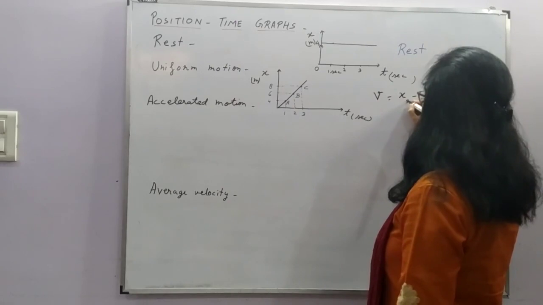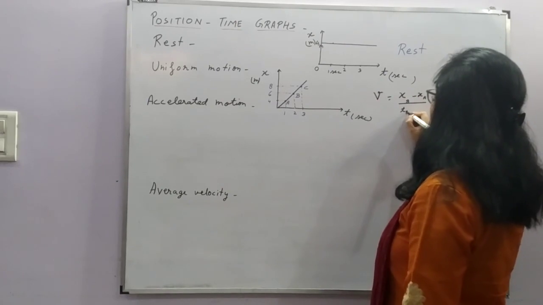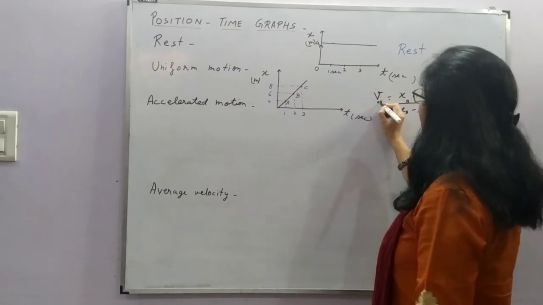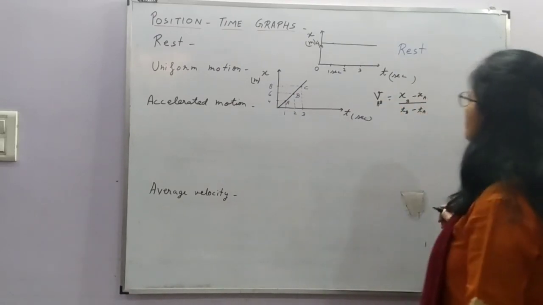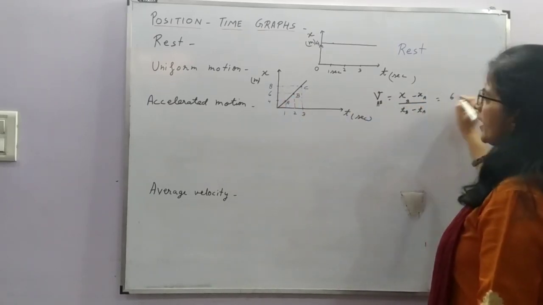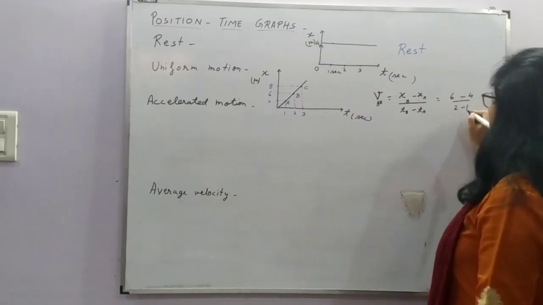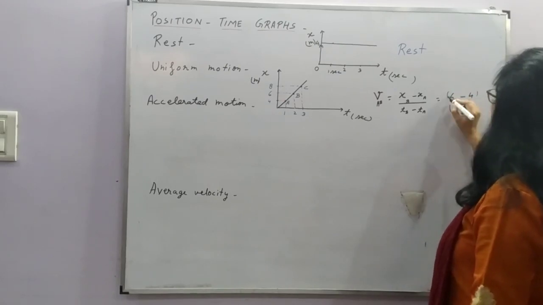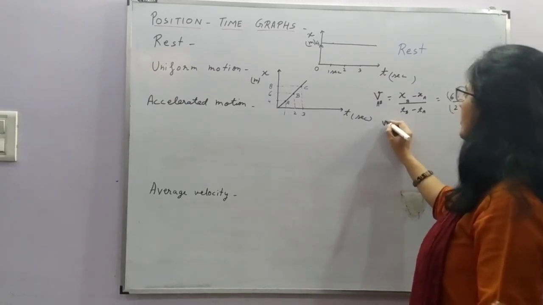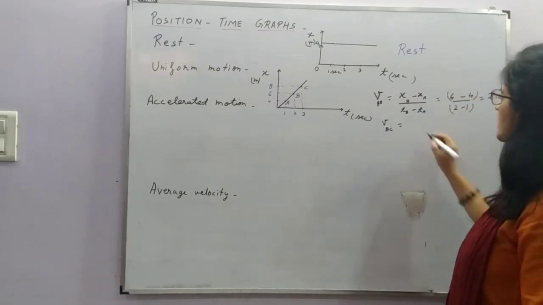You can write this as x at B minus x at A upon time at B minus time at A. So x at B is 6, x at A is 4, time at B is 2, time at A is 1. So this gives us 2 meters per second.